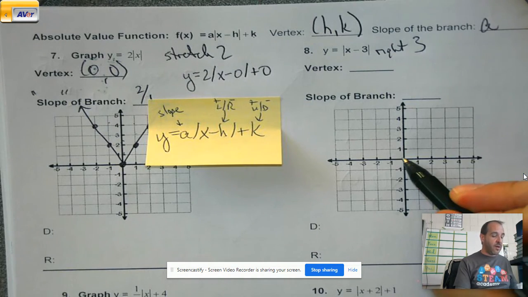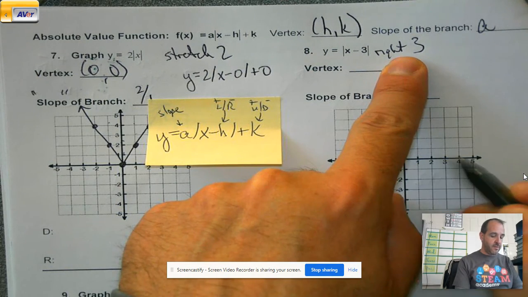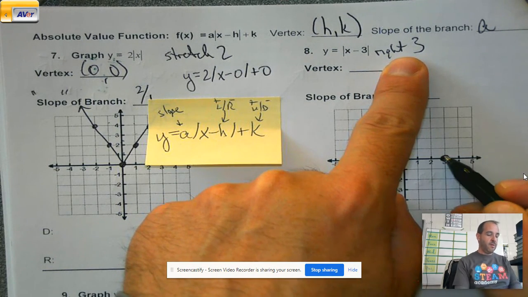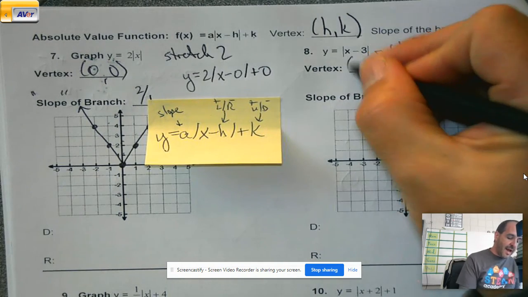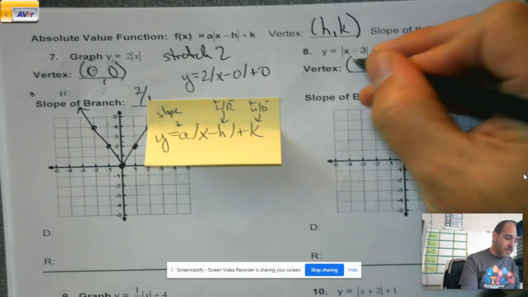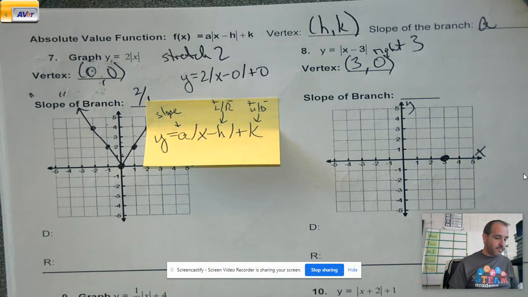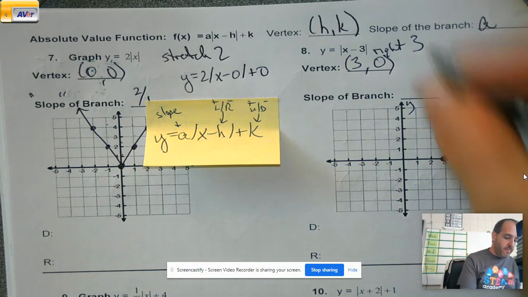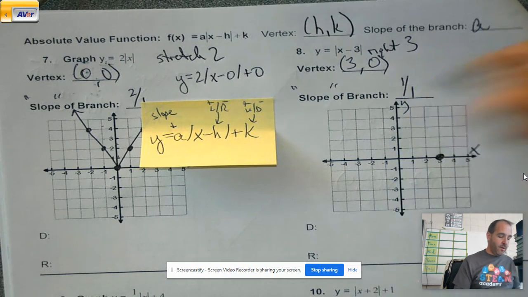So if we always start at 0, 0, and then we just follow the shift, right 3, we're right here. So my vertex, since I moved right on the x-axis, would be 3, and I didn't go up or down at all. 3, 0. My slope is 1, or 1 over 1.